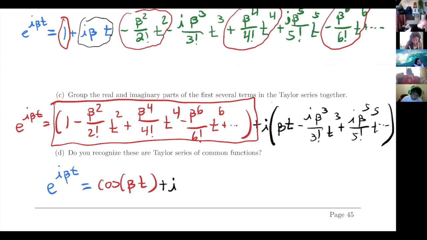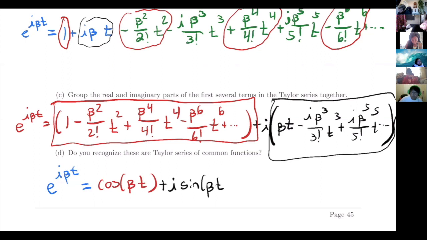And then all of this stuff over here, what do you recognize that as? Sine. That is the sine of beta t. Yep. The sine is an odd function, and that's why we have odd powers in the Taylor expansion for the sine.